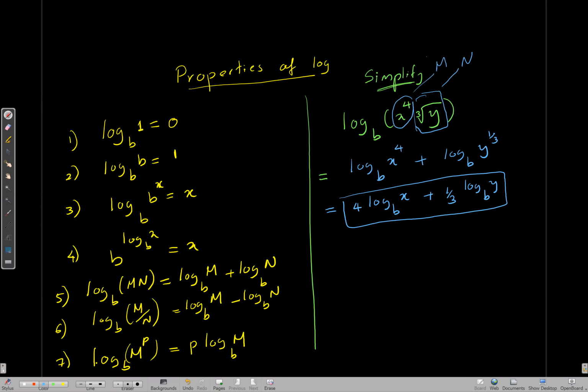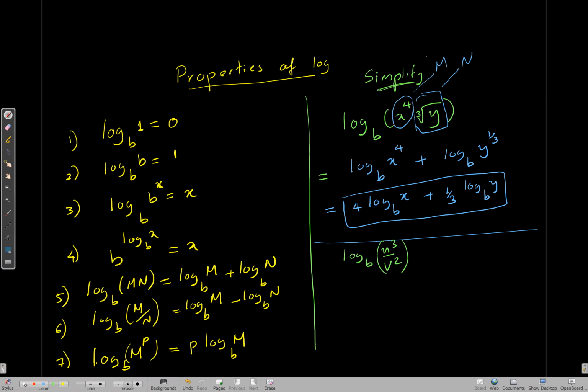Okay, now let's see another example. How about this? Log base b of u cubed divided by v squared. Now, there are a few ways to do this.